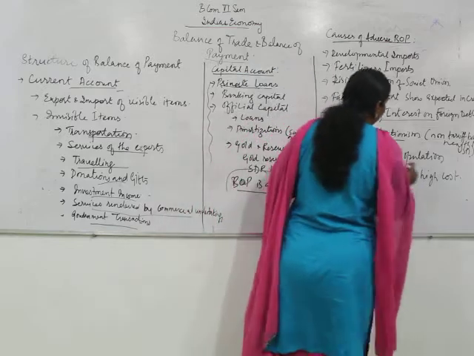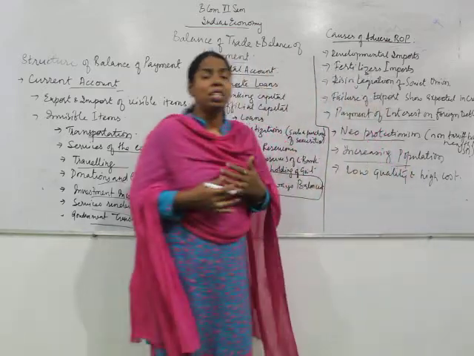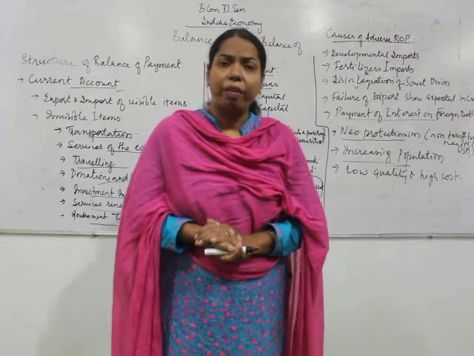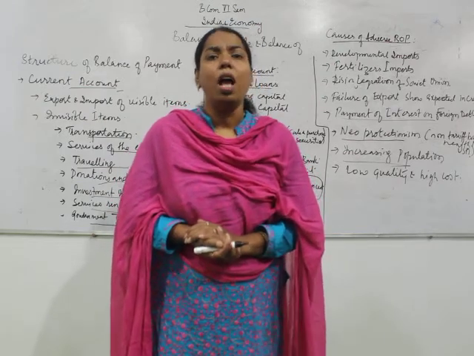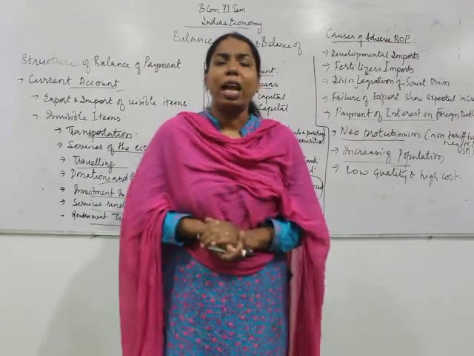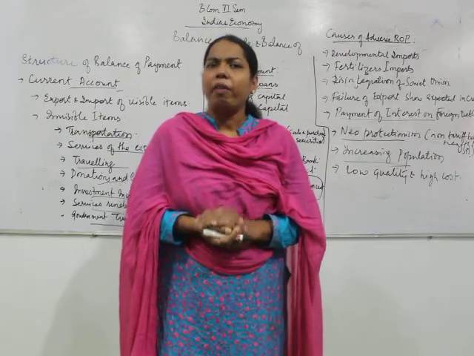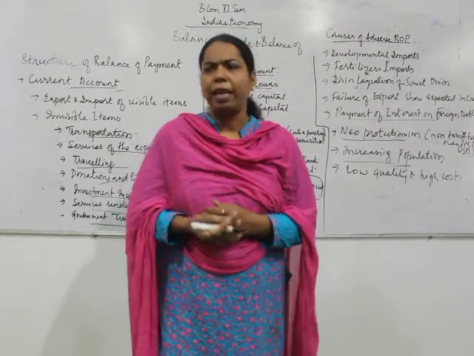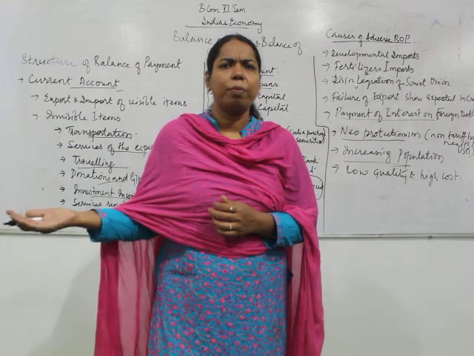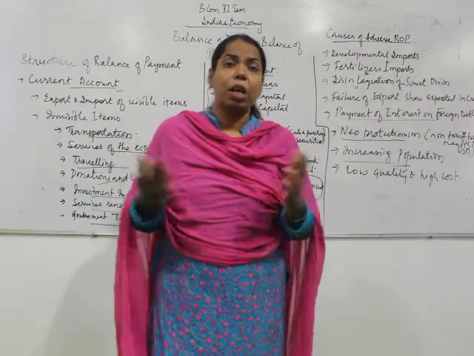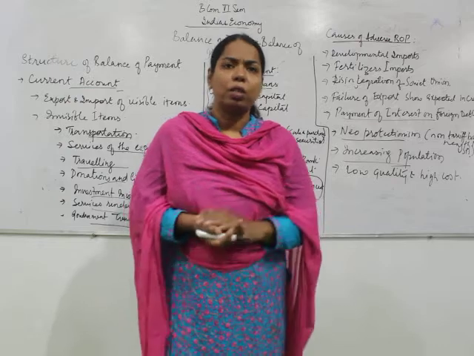Similarly, the increasing population. We find a 1.8% increase in the population in India, and this increasing population has more demand for goods, and that's why we have to import goods. Take the example of the onion crisis we suffered. The onion prices reached more than 100 rupees.